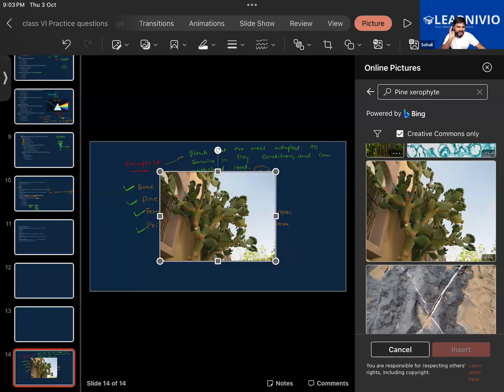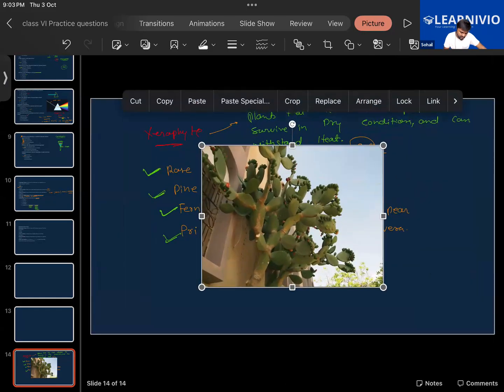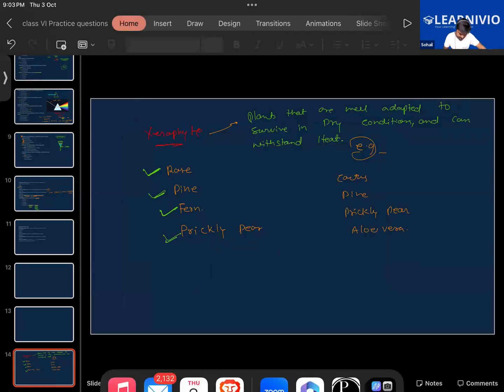Pine has needle-like leaves. Give me a minute. I will be showing an image of it to you.